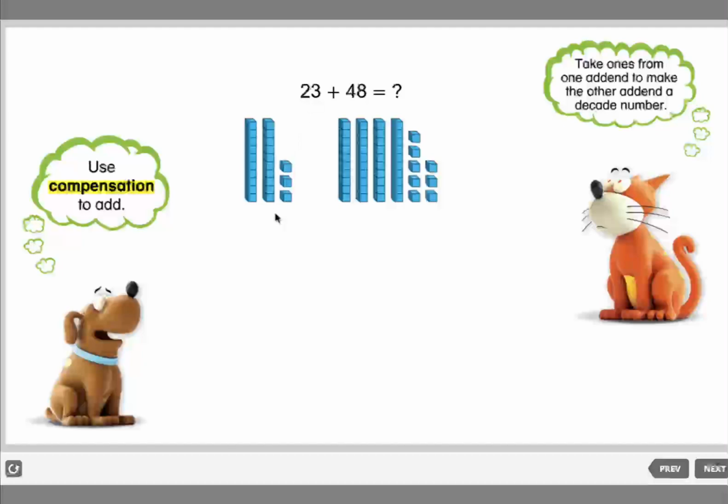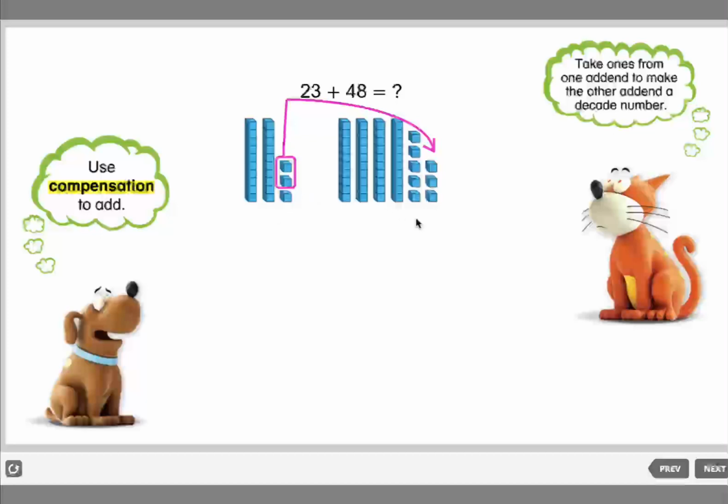So we take 2 from the 23 and give it to the other addend to make it a decade number.